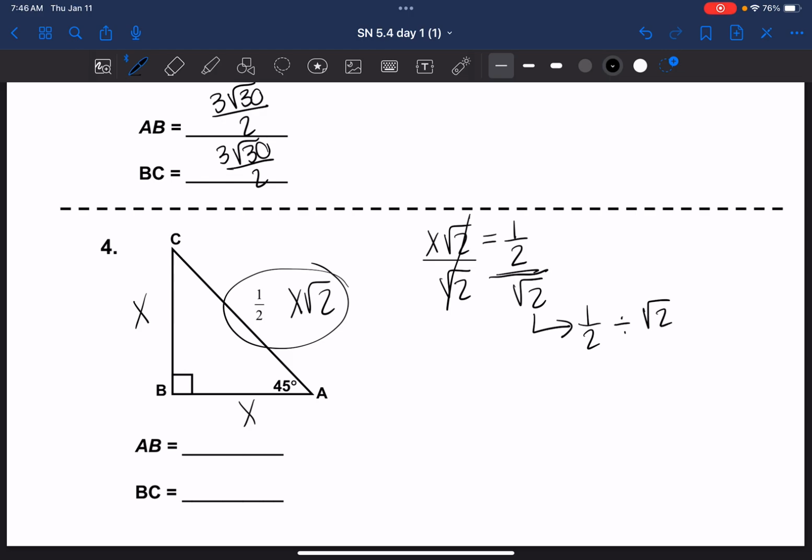I am going to keep, change, flip what I have written here. So this would be 1/2 is what I keep. I change from division to multiplication, and then I have to flip that second part over. So currently it's square root of 2, or square root of 2 over 1. So if I flip that over, that would become 1 over square root of 2.